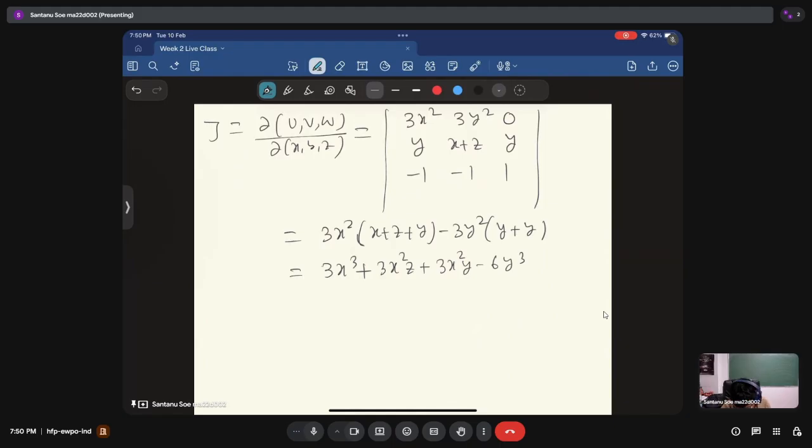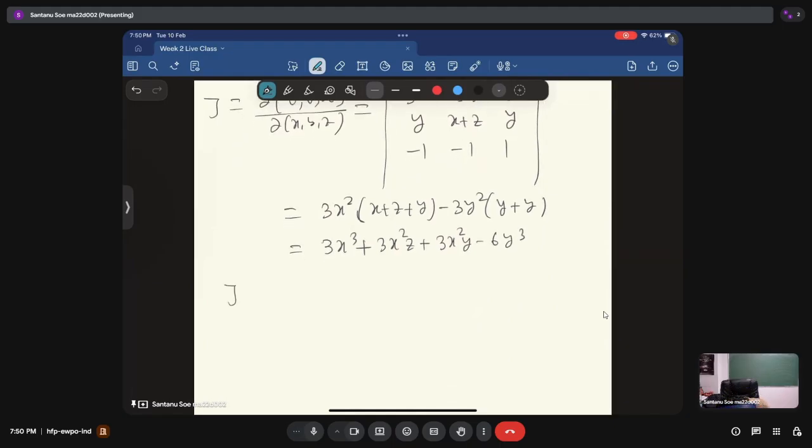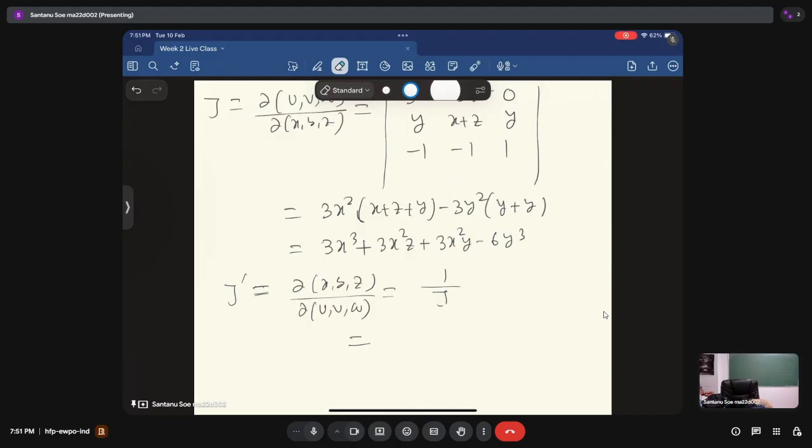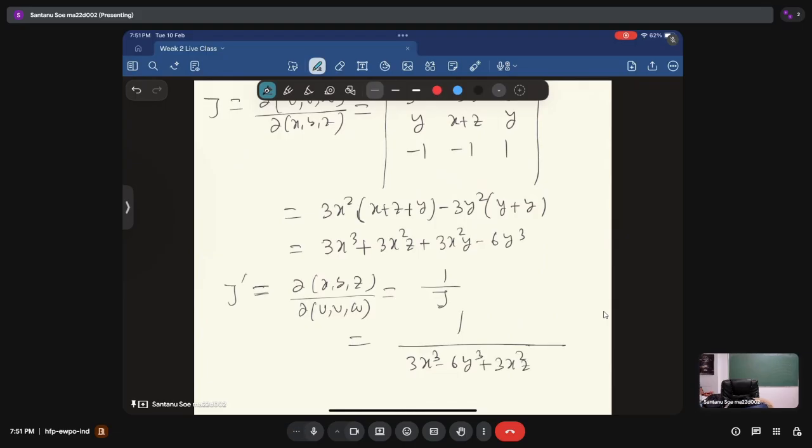Okay. And our J prime, which is nothing but del(x,y,z) divided by del(u,v,w), will be 1 divided by J. So this is going to be 1 divided by (3x cubed minus 6y cubed plus 3x squared z plus 3x squared y).